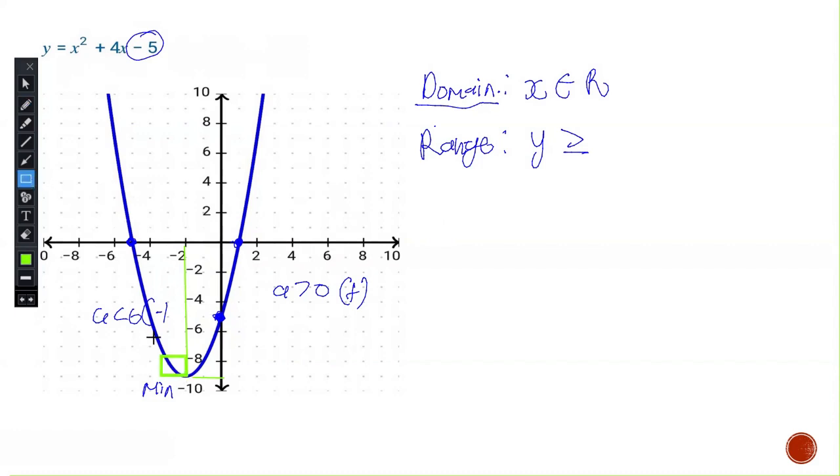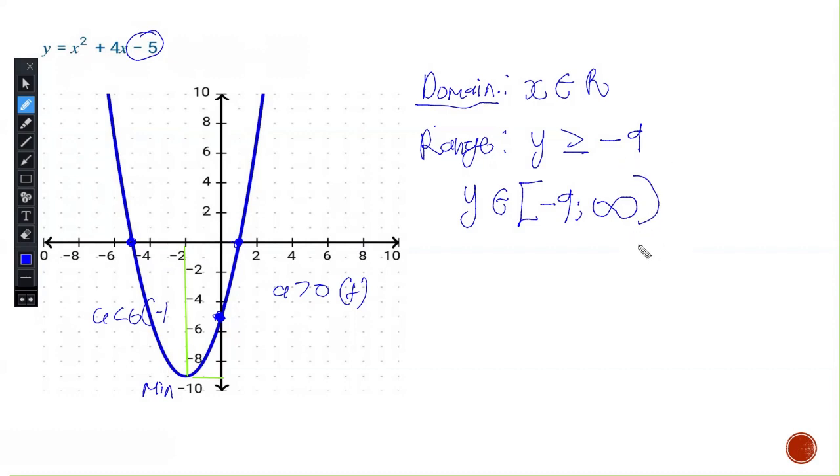As we can see here, the graph exists from -9 going upward. So we say y is greater than or equal to -9. Or if you prefer set builder notation, you say y is an element of [-9; +∞).